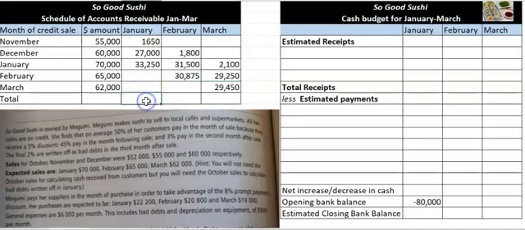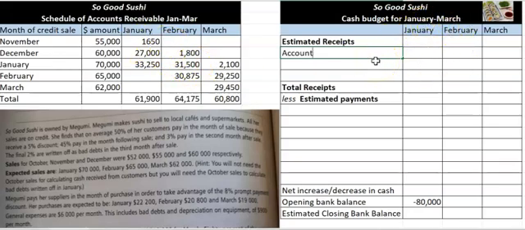And then what we're just going to do is auto sum or add up how much we got from accounts receivable in each month. So just press pause and make sure you've got all that in. Then we go over here. So we finish this part and we're going over to the budget itself.